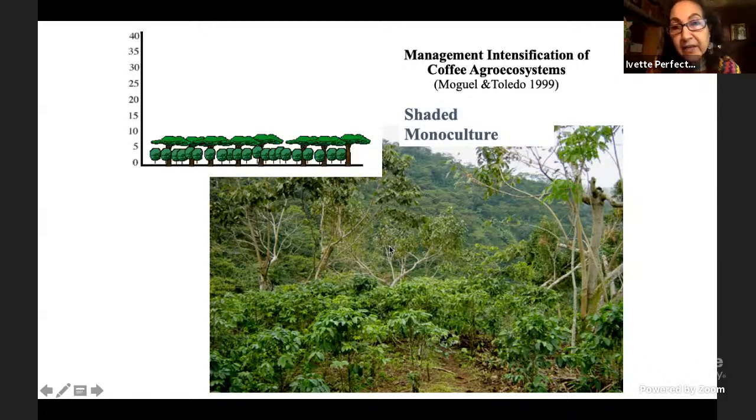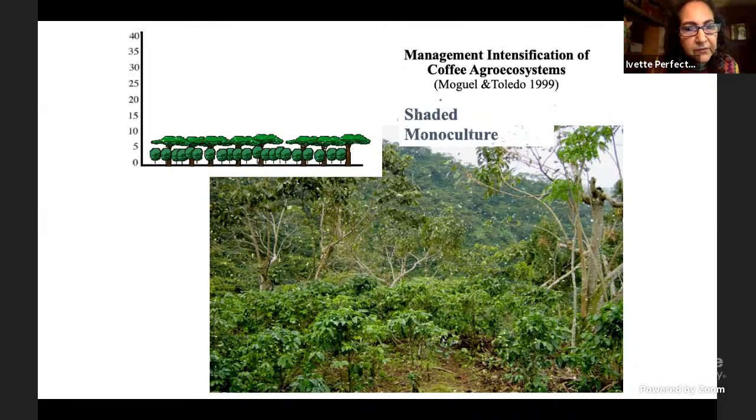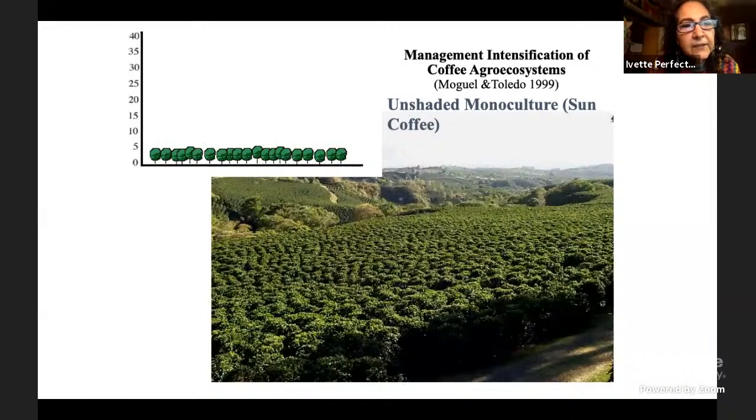In many cases, a nitrogen fixing tree. This is a legume here, Inga, but it could be a number of many different nitrogen fixing trees. And finally, the sun coffee, or the unshaded monoculture, where it's just a monoculture of coffee.